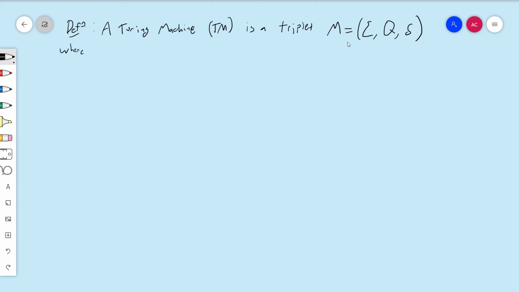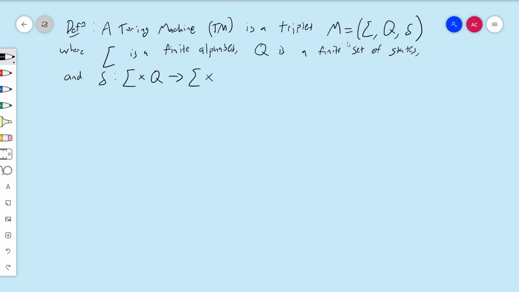Where sigma is a finite alphabet, Q is a finite set of states, and delta is a mapping, a function that takes sigma cross Q to sigma cross Q cross {-1, 0, 1}.